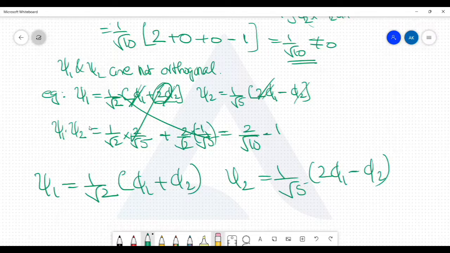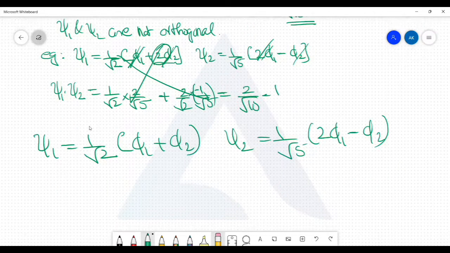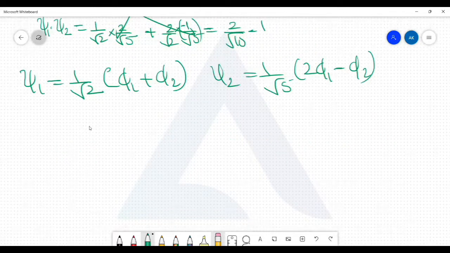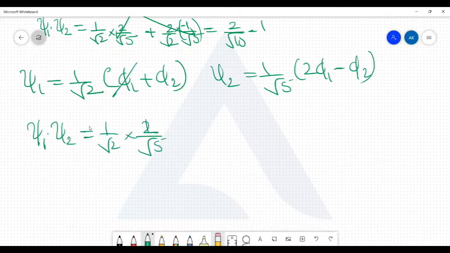The corresponding coefficient phi 1 with phi 1, phi 2 into the phi 2. Therefore, you get 1 by root 2 into 2 by root 5, phi 1 with the phi 1 I am taking, plus 1 by root 2 into minus 1 by root 5 here. This is equal to 2 by root 10 minus 1 by root 10. This is simply 1 by root 10.